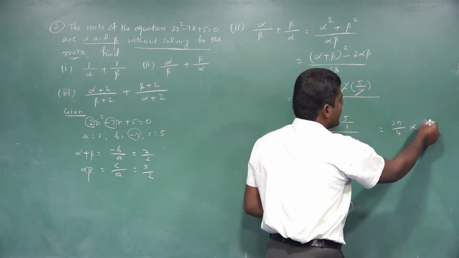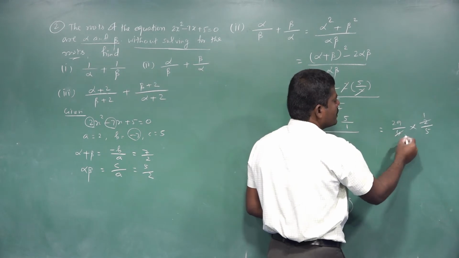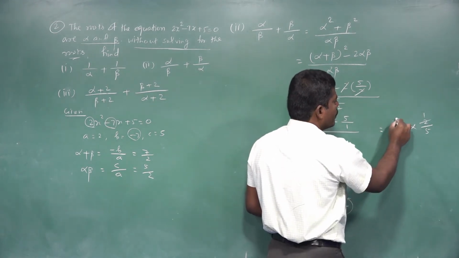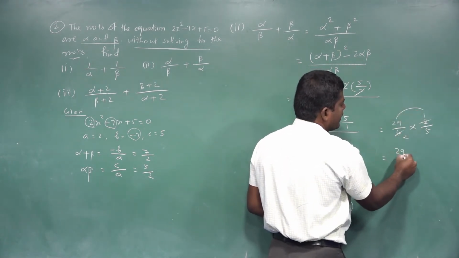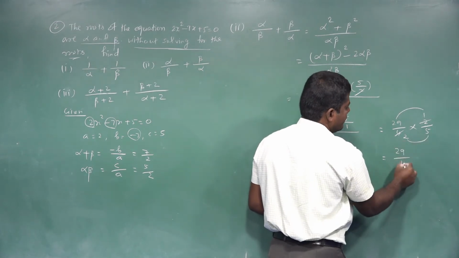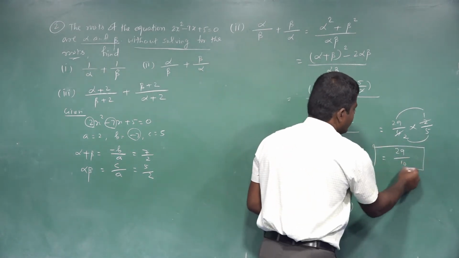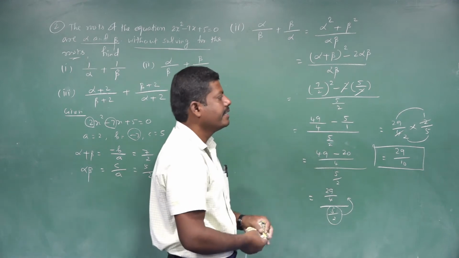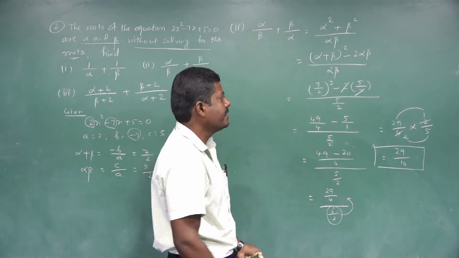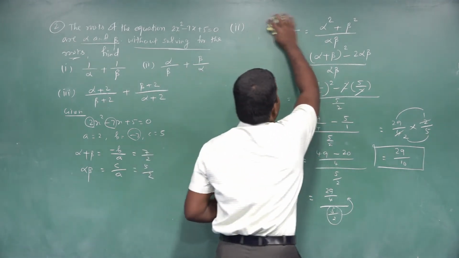Understand? Now we can cancel this. 1 2s are 2, 2 2s are 4. Cancellation is over. 29 multiple 1, 29 divided by 2 5s are 10. This is the answer for our second question. Understand? Next we take question number 3.